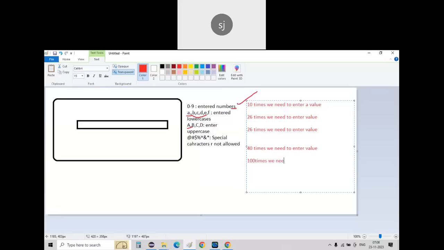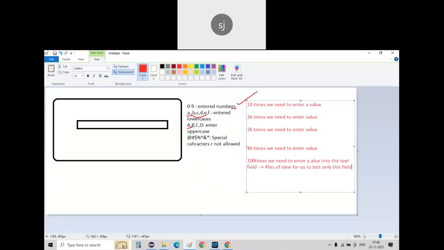Altogether, 100 times we need to enter a value into the text field, which might need around 4 hours for us to test only this particular field.